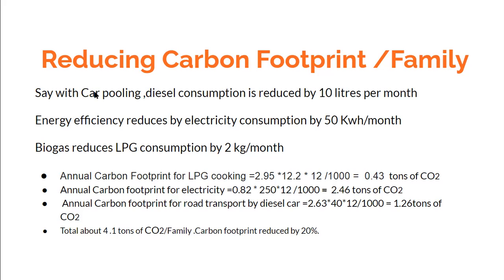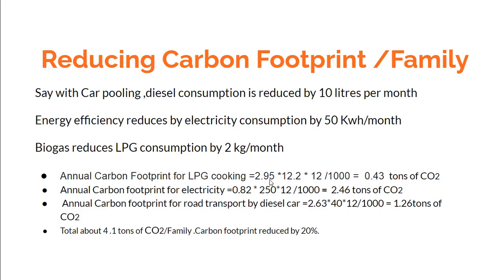So using the same method, same calculations, now we can show what has happened to the annual carbon footprint of that family. So now look at this. The annual carbon footprint for LPG cooking now reduces to 0.43. And why is that reduced? That is because this LPG consumption, earlier it was 14.2, now it is reduced to 12.2. So that has reduced the carbon footprint from cooking.